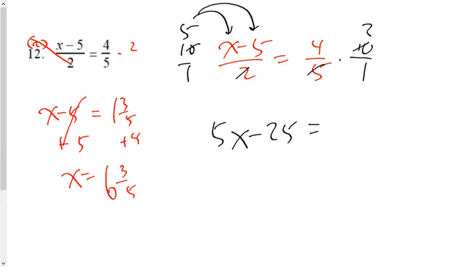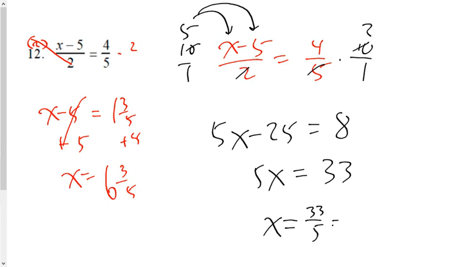And over here, I'd get 8. When I added 25 to both sides, I got that. When I divided both sides by 5, I got that, which is that.